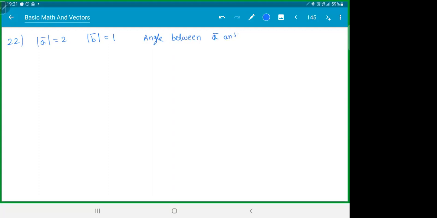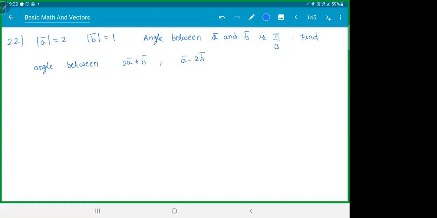Angle between A bar and B bar is pi by 3. Find the angle between 2A bar plus B bar and A bar minus 2B bar. Get it? This is a good one.